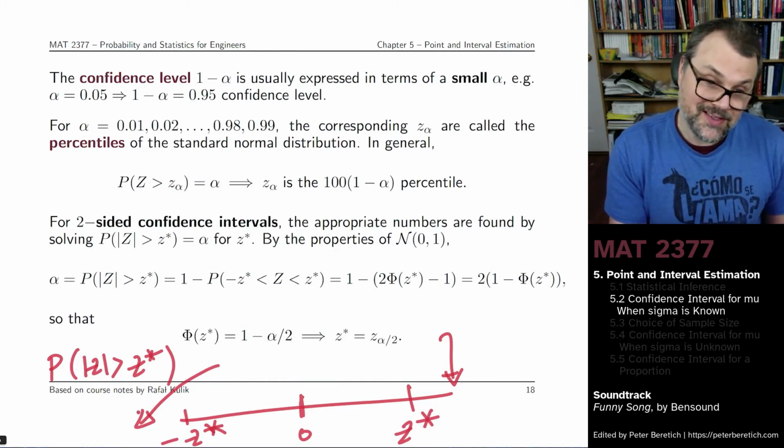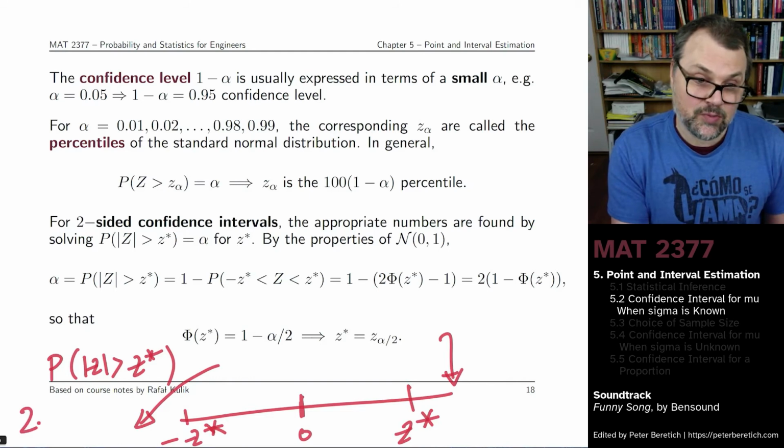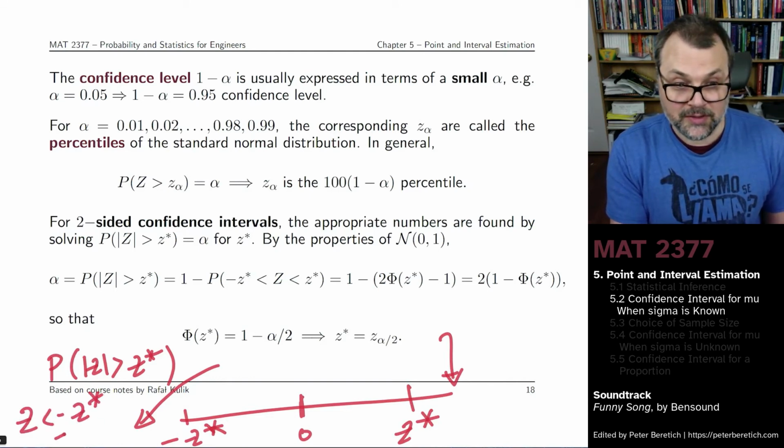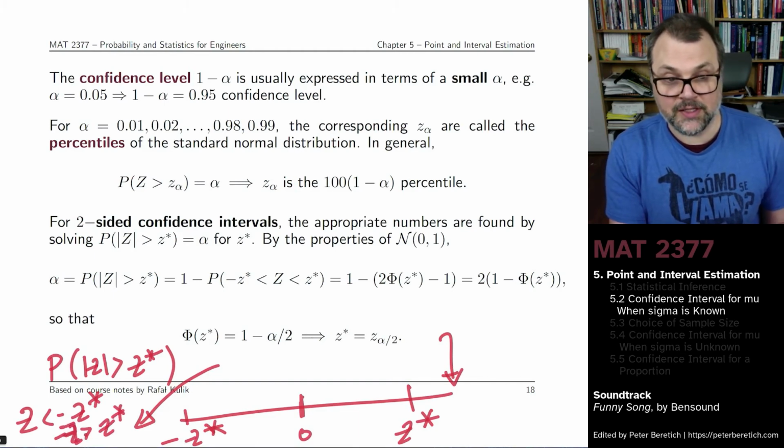And if it's a Z which is here, you would have that Z is smaller than minus Z star, so that if you multiply by minus 1, you would get that minus Z is greater than Z star, or an absolute value, because Z is negative, minus Z is the absolute value of Z.